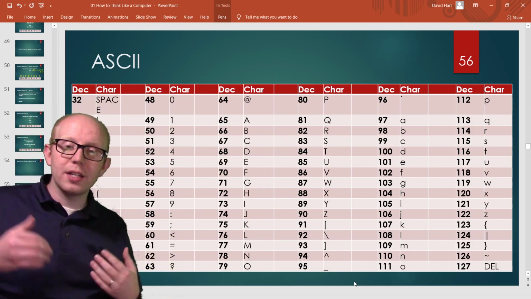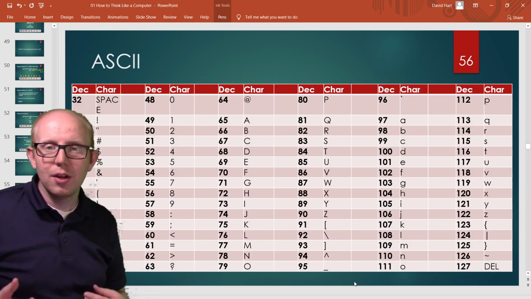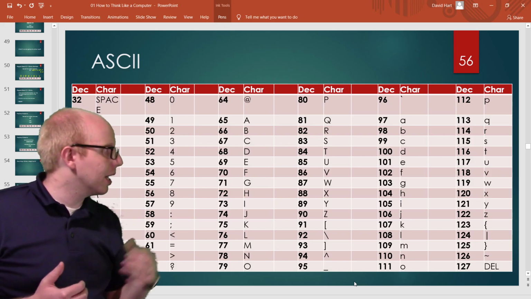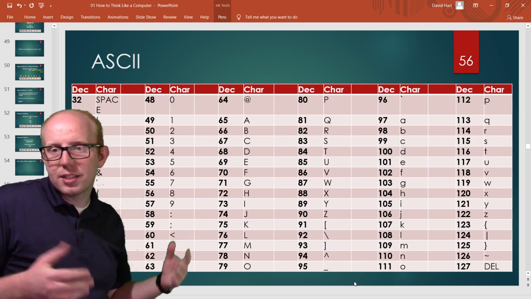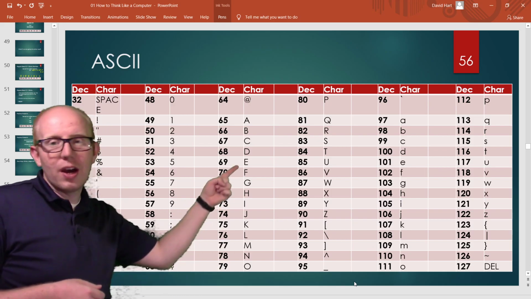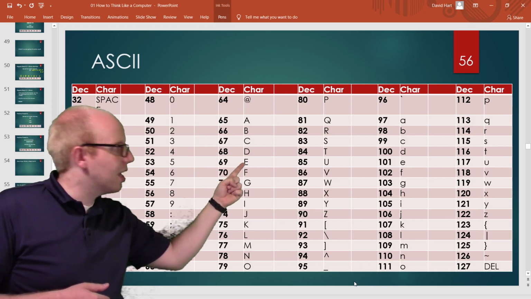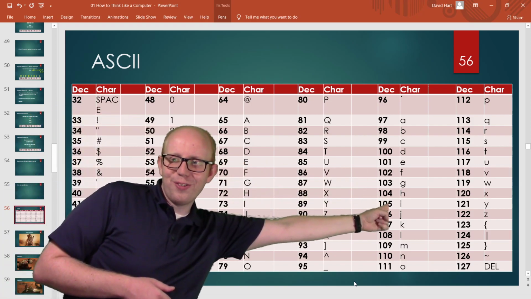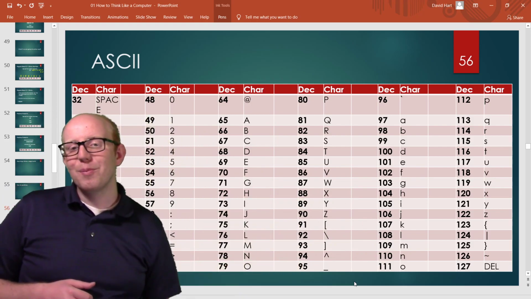So if you want to type a specific character in a program that used ASCII, you use the associated binary number from this table. Let's say you were trying to type "Computer." You'd find the binary for 67, and that'd be C. And then you'd want to go lowercase, so you go all the way over here, down to the o, which is 111, and you type the binary number for that.